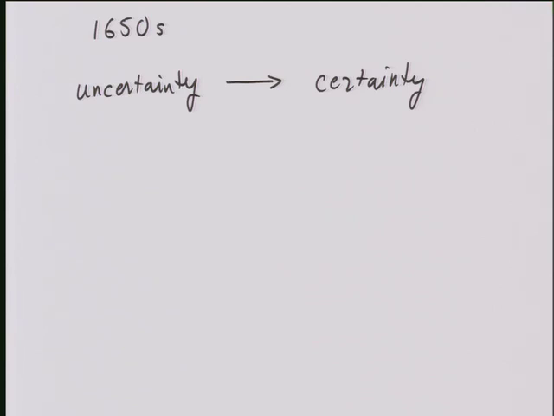Probability theory. Okay, so this is why probability theory was so important. So, it plays a role in statistical physics. And then there was one more revolution that happened in the 20th century, which was that quantum mechanics was discovered.